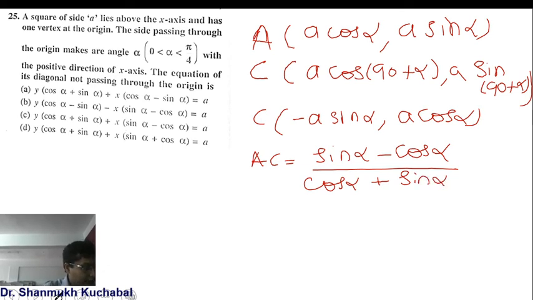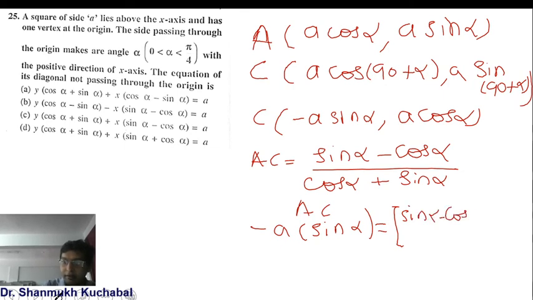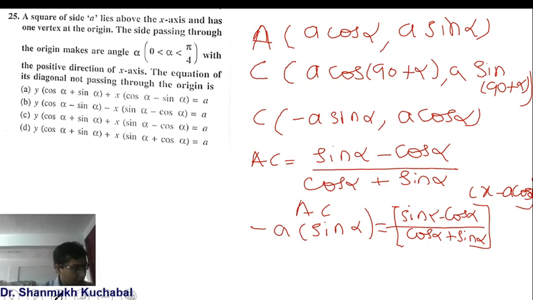Therefore the equation of AC is, using the formula, y minus A sin alpha equal to the slope, sin alpha minus cos alpha divided by cos alpha plus sin alpha, multiplied by x minus A cos alpha. If you simplify this, we get y times cos alpha plus sin alpha plus x times cos alpha minus sin alpha equal to A.